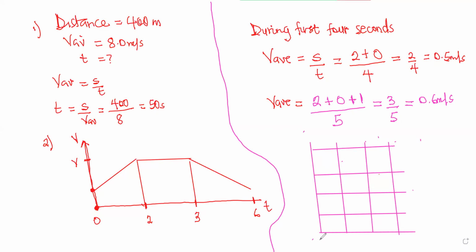This is 0, 2, 4, 6. Along the vertical, we have 5, 10, 15, 20.